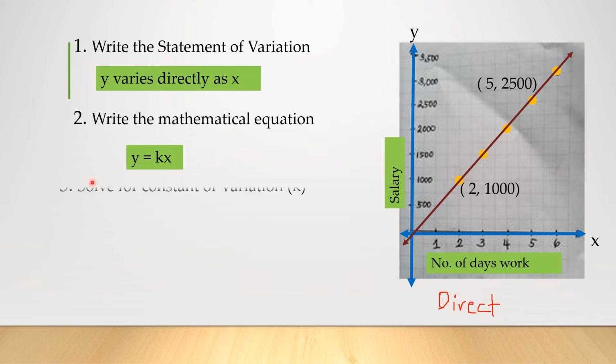Okay, next is we need to solve for the constant of variation, k. So what is the formula? y is equal to k times x. To solve for k is simply divide both sides by x.